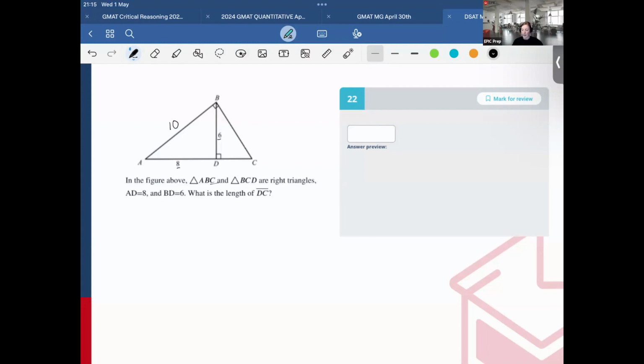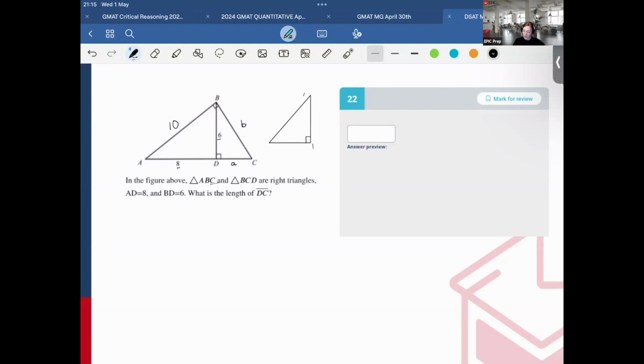And I need to get the length of DC. Okay, so I'm gonna just label this A and this B, just to show. So for these problems, you want to think about flipping the triangle. Let's see what happens if I invert triangle ABC.